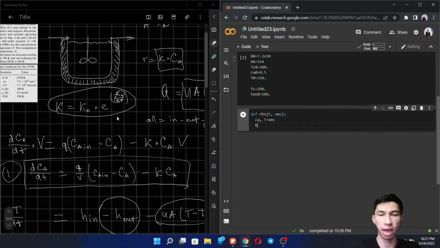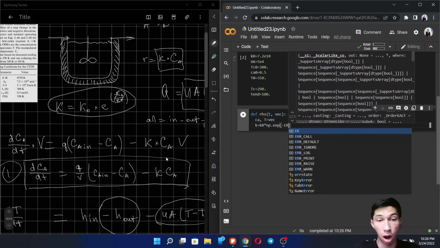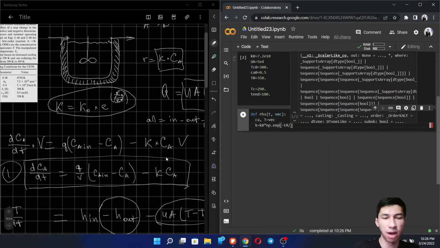So k is going to be equal to k naught times numpy exponential. We already have the E over R value, so I'm going to make it minus E over R, divided by T.